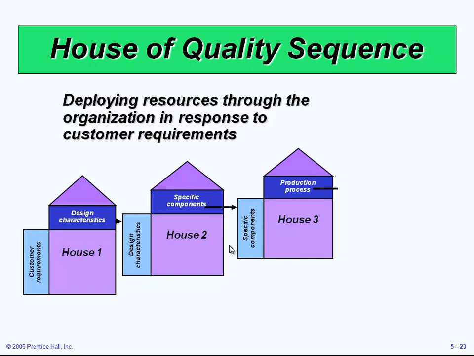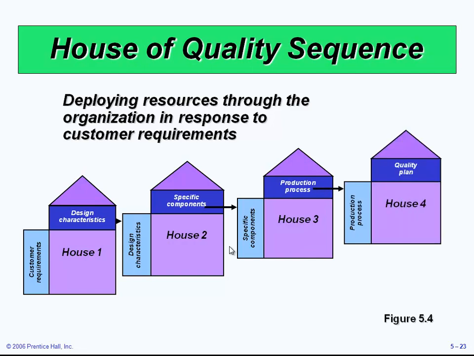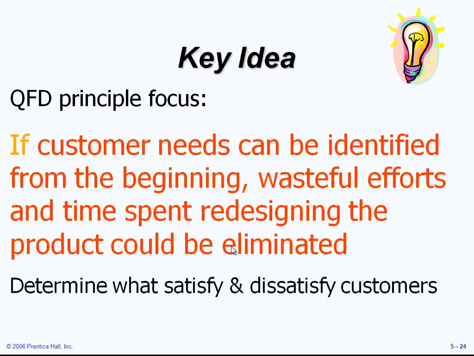Based on the developed house of quality, we can identify how are we going to deploy resources through the company in response to customer requirements, starting from the design characteristics to specific components to production process to the quality plan.